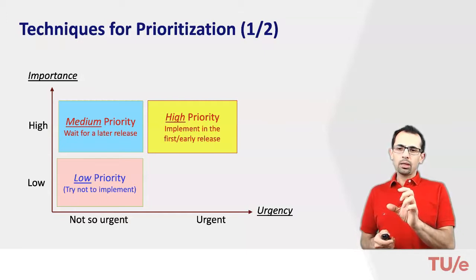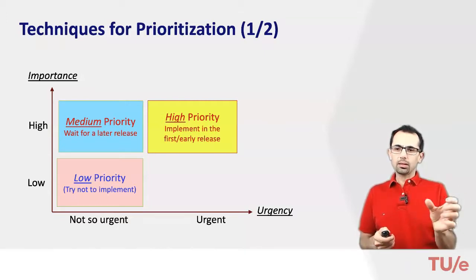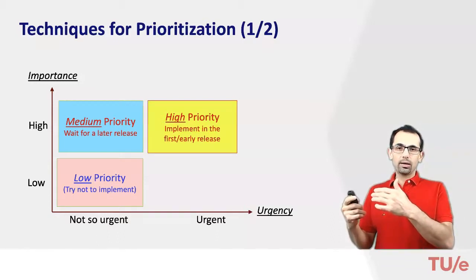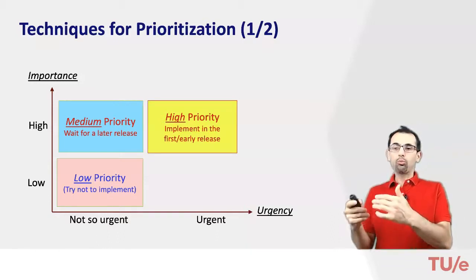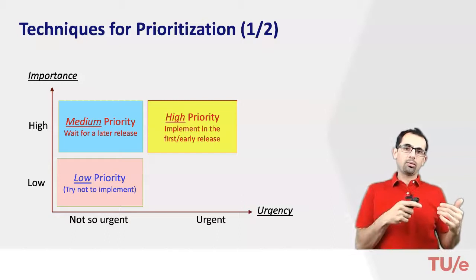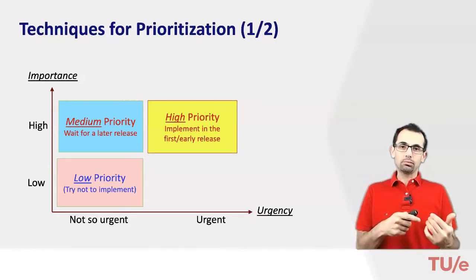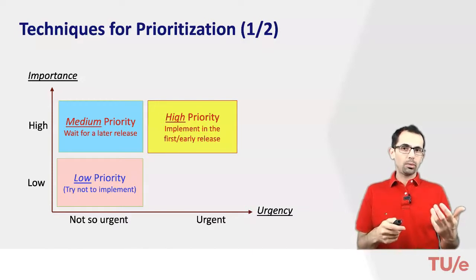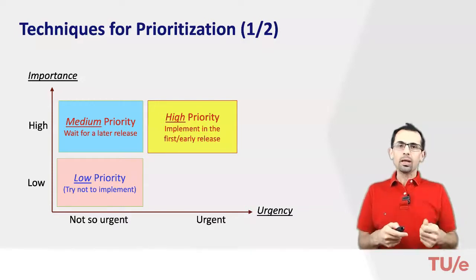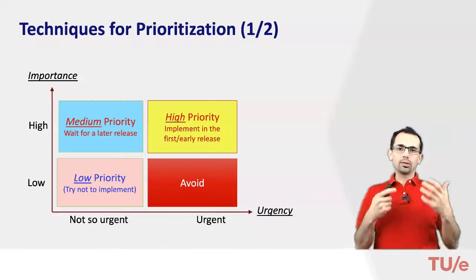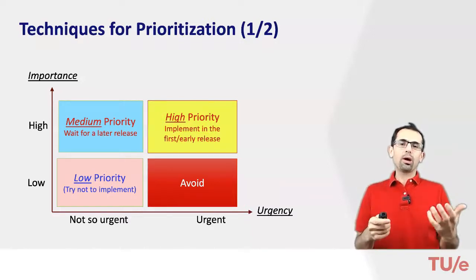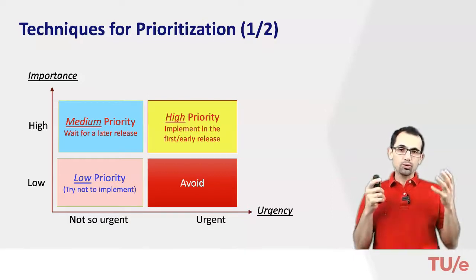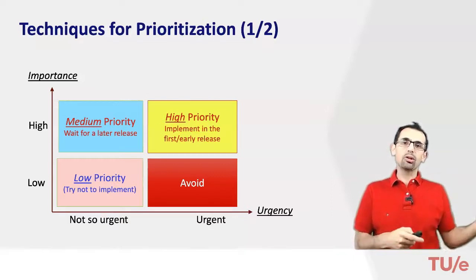How about the other type of requirements? The fourth quadrant, those that have low priority, but somehow are urgent. What would your opinion be here? Essentially, you have to avoid any kind of requirement like this. You should avoid urgent but not so important requirements.